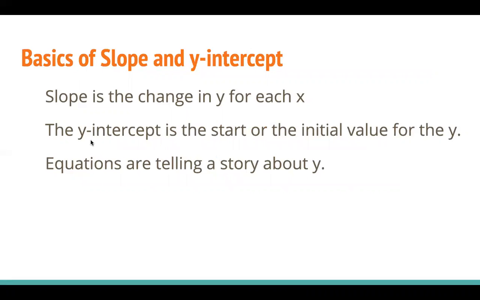And then the y-intercept is the start or the initial value for that y. Our linear equations are really telling a story about y. That's what makes them functions, that y is a dependent variable that's changing, and we're describing it in terms of the independent variable x.